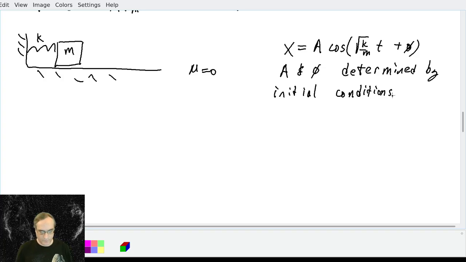So that's general for a mass on a spring.